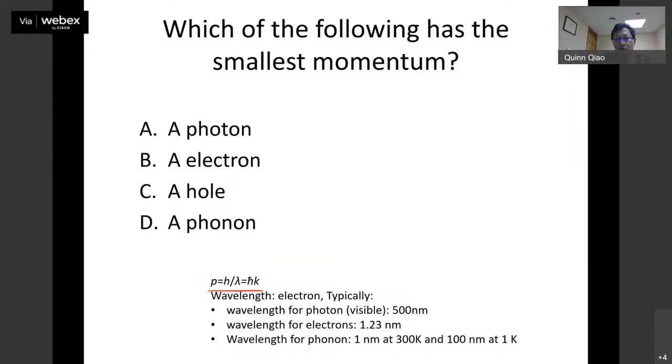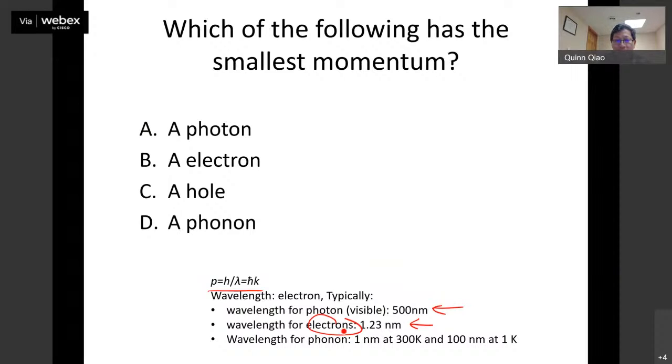For a photon of visible light, take for example 500 nanometers. For electrons it is 1.23. For photons at different temperatures the wavelength is different; at higher temperature the wavelength actually gets longer. Overall, for h divided by lambda, the smallest lambda belongs to the electron.